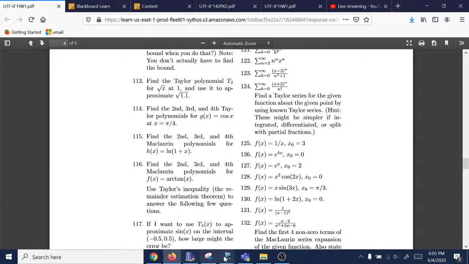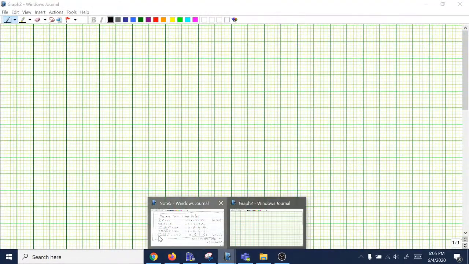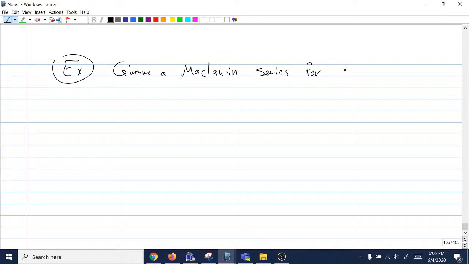For example, give me a Maclaurin series for x squared sine of x to the 5th. Well, I can manipulate the one I know for sine x. Sine x was the sum of negative 1 to the n over 2n plus 1 factorial, x to the 2n plus 1.